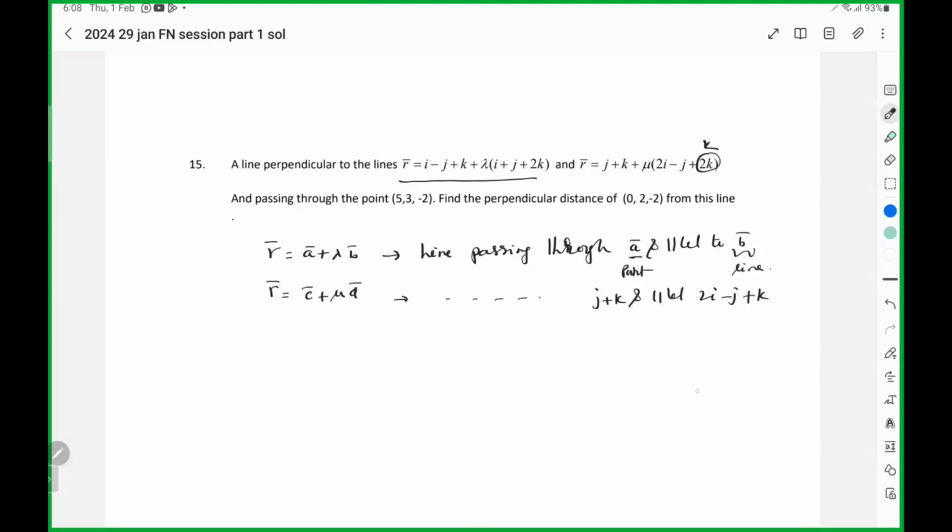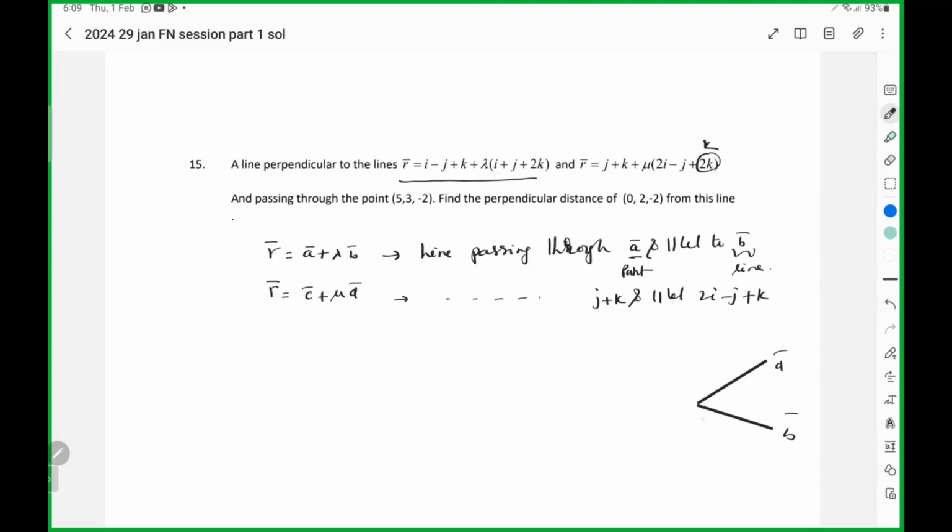So here you have two lines. One is parallel to this B bar. Another line is parallel to D bar.